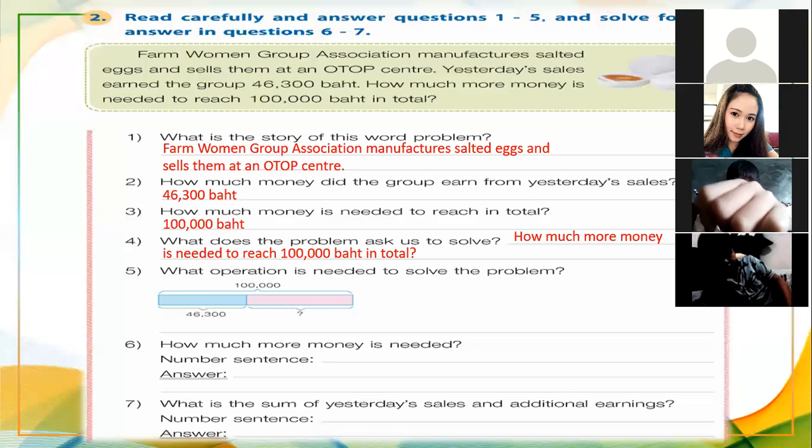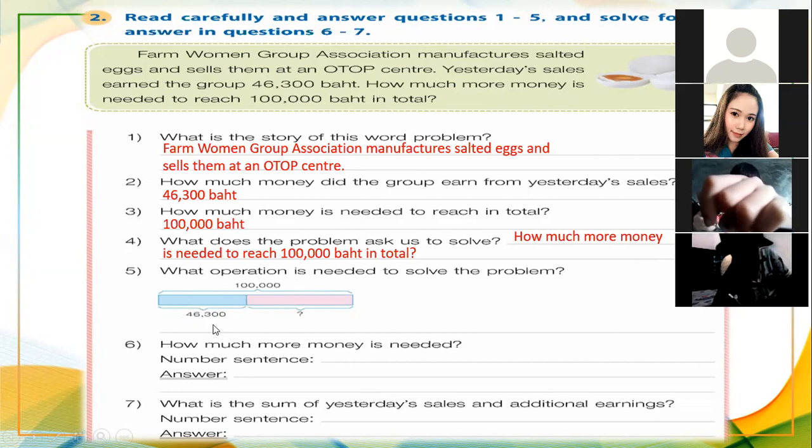Subtraction, exactly. So the group needs to reach 100,000, and they already earned 46,300 yesterday, right? So then we're going to subtract.